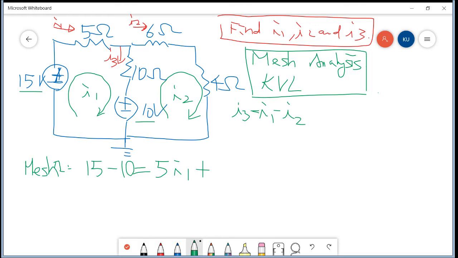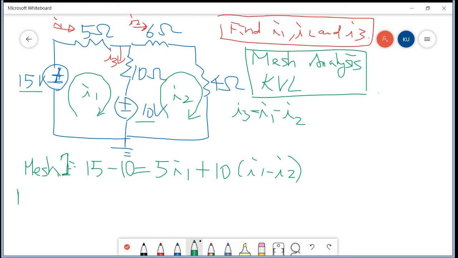So the voltage drop for this should be 10 multiplied by I1 minus I2. So we write the mesh equation for mesh 1 like this: 15 minus 10 equals 5I1 plus 10 times parenthesis I1 minus I2.